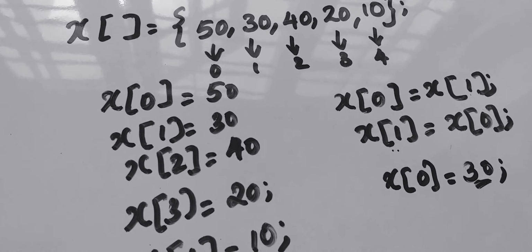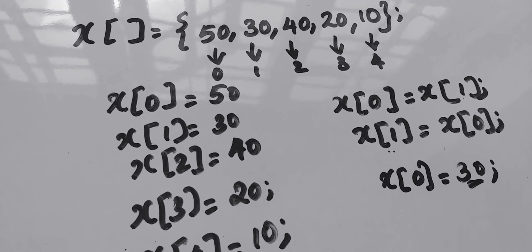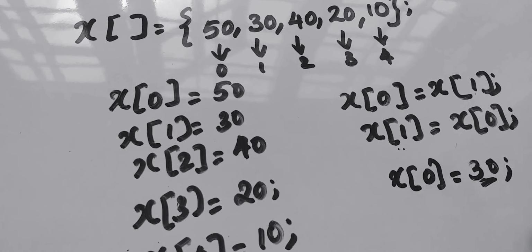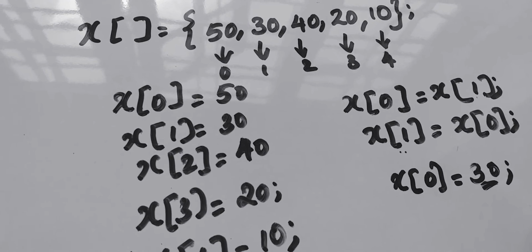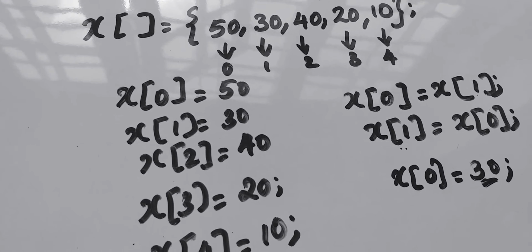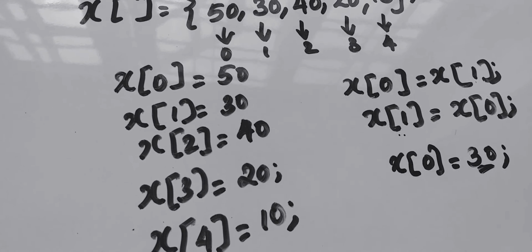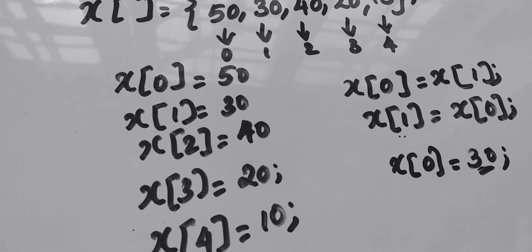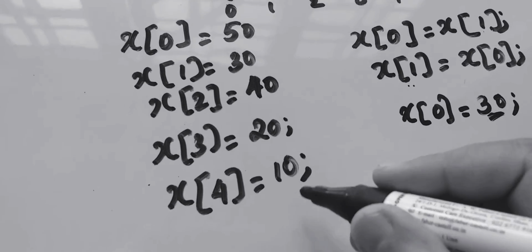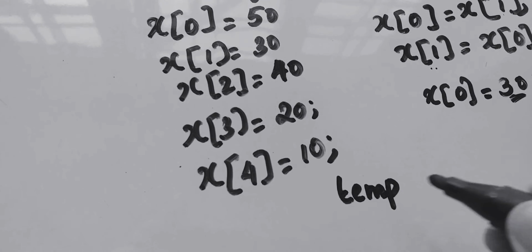So in order to store the value of h of 0, we are using a special variable in Java that is known as the temporary variable. The temporary variable holds the value of h of 0. Clear, students? So then we can declare a variable called temp.